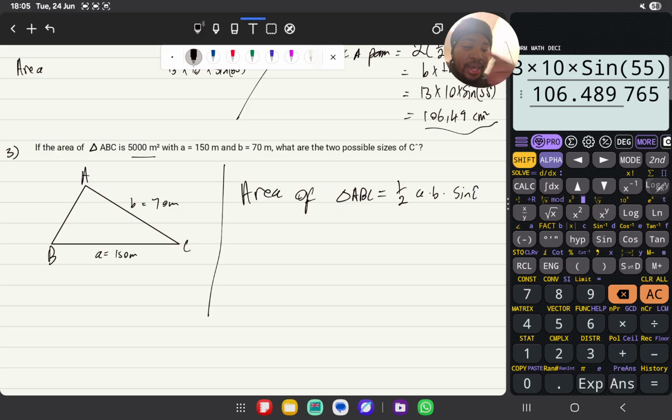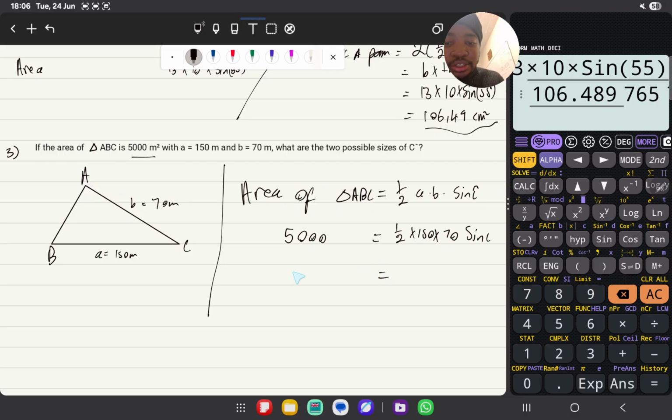So we're trying to find the angle C, and now they tell us that the area is 5,000. I'm not going to put the units. You have half times 150 times 70, and then sine C, right?